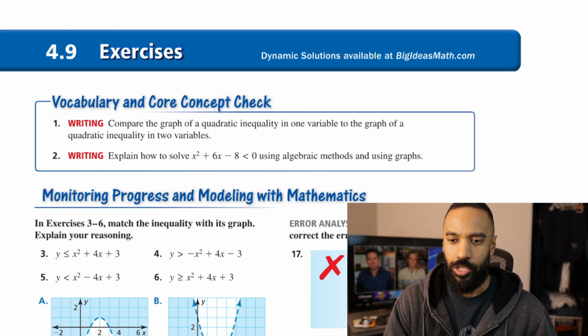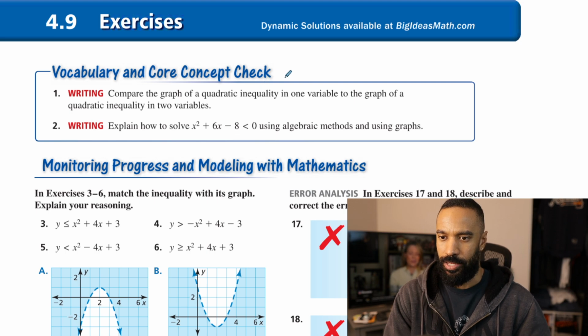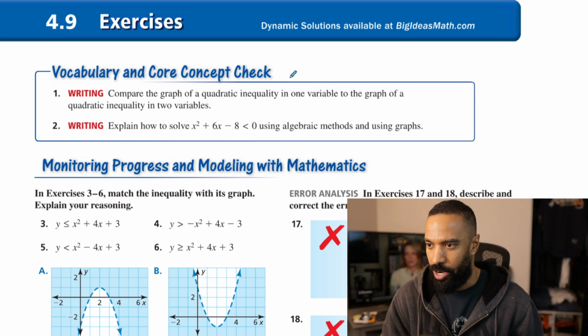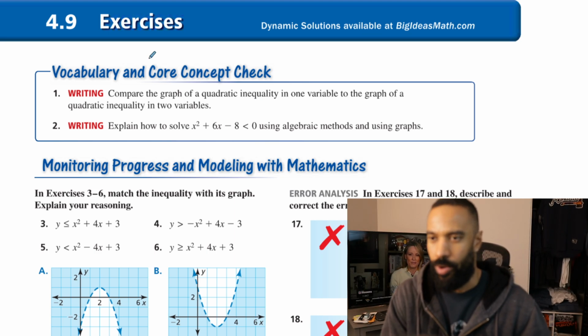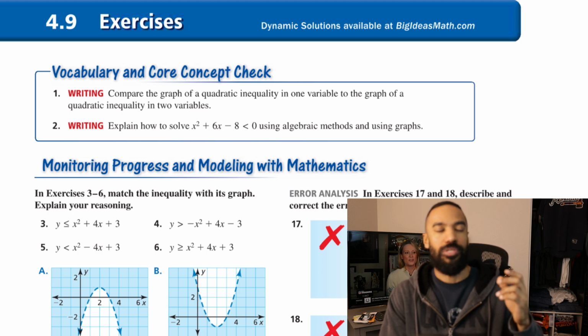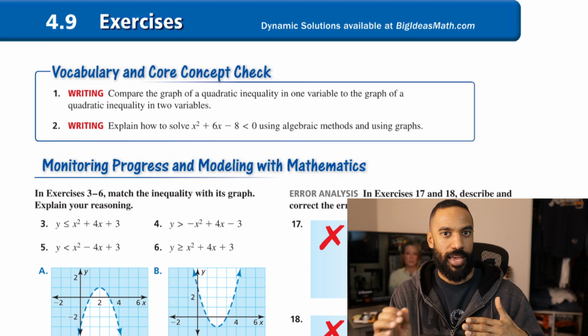Okay, awesome. All right, guys, we're going to do the vocabulary and core concept check. They have 2 questions we got to answer here. Number 1, compare the graph of a quadratic inequality in 1 variable to the graph of a quadratic inequality in 2 variables. Well, I was thinking of a system. A 2-variable one uses both x, y.